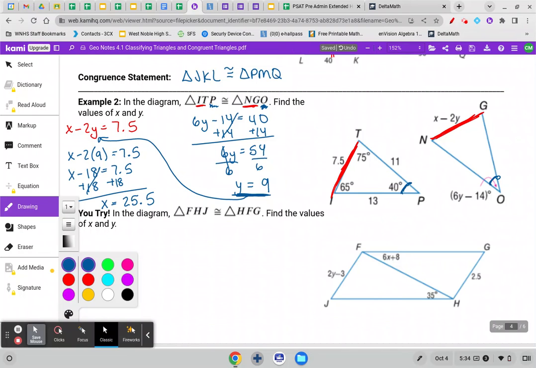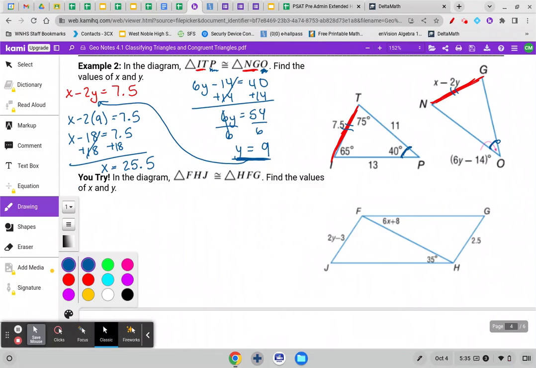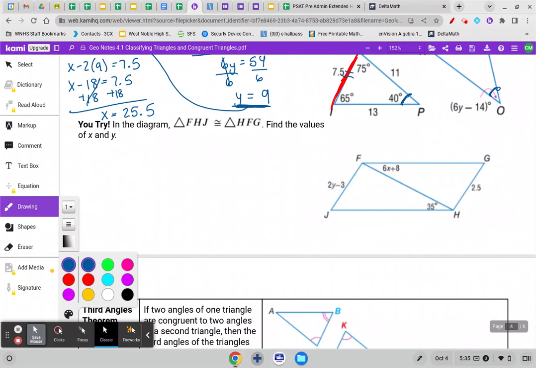Okay, now if it did ask us to find the actual side lengths or the actual angle measure, well, first of all, you already know what they're congruent to, so you wouldn't even have had to solve. And secondly, if you wanted to, you could just plug it back in to check. Okay, so there's X and Y. You guys go ahead and try this next one.